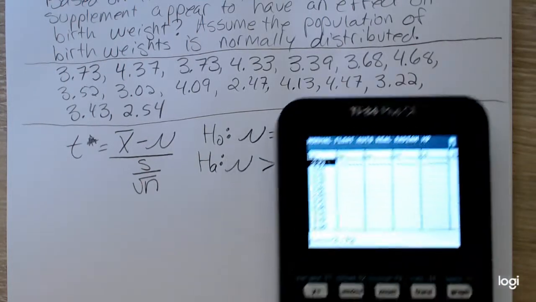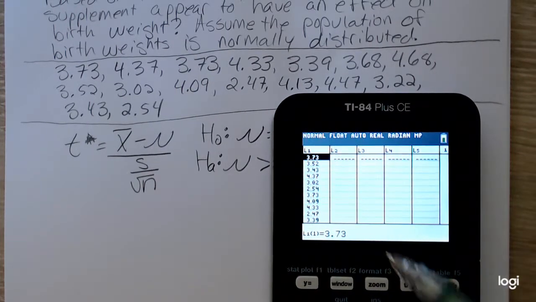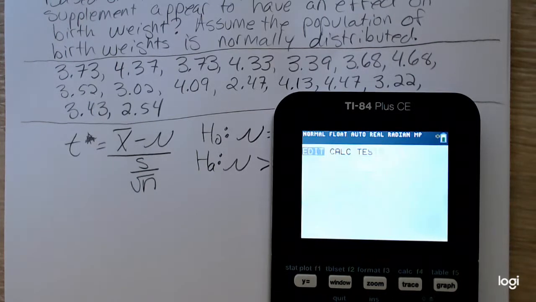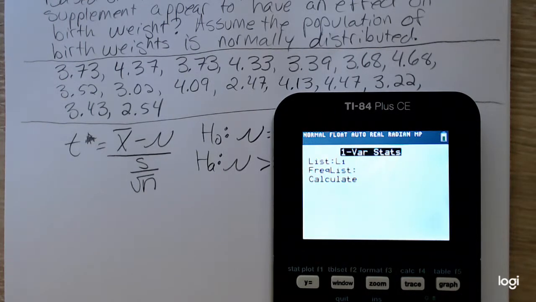So I went ahead and inputted all of those birth weights into a list in my TI-84, and I want to get the sample mean by going to my stat menu, over to calc, and one variable statistics. This should be review for you at this point, and down arrow to calculate.